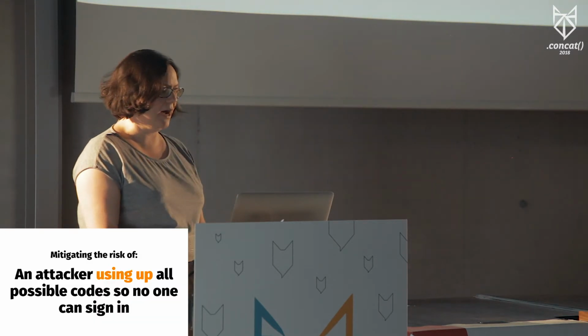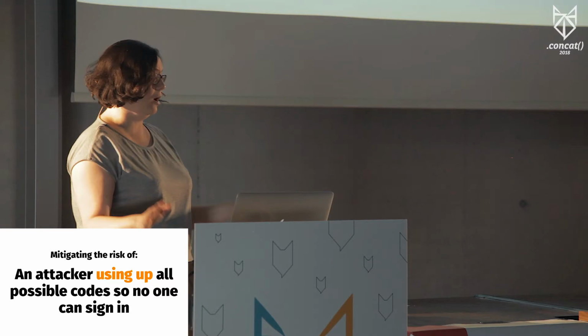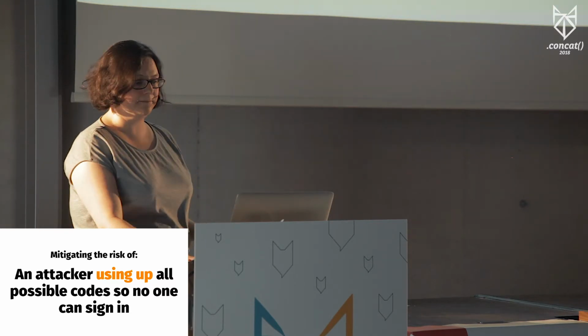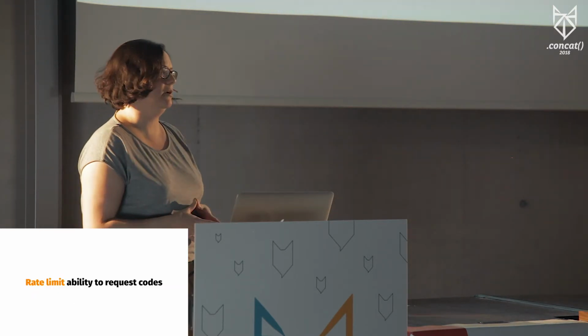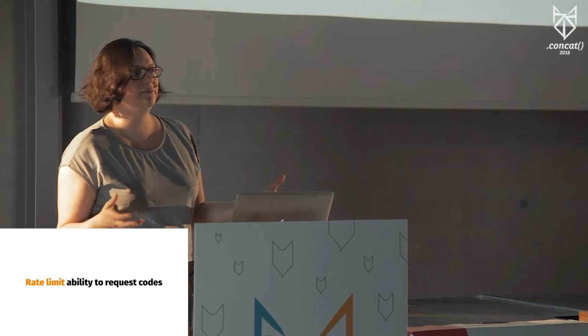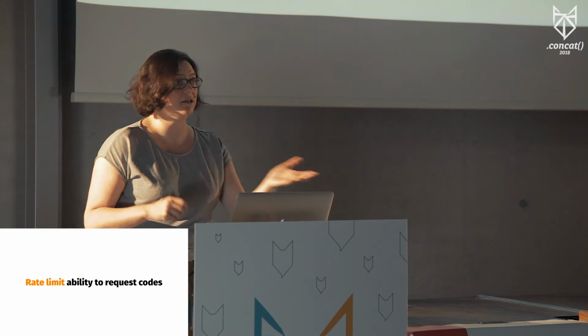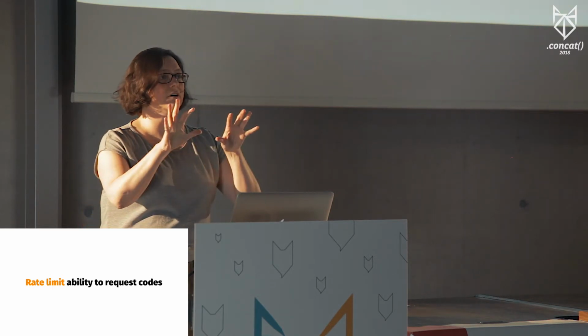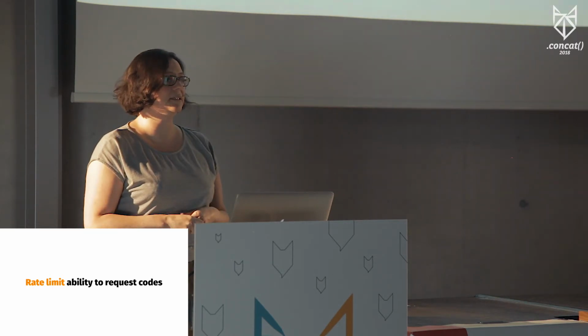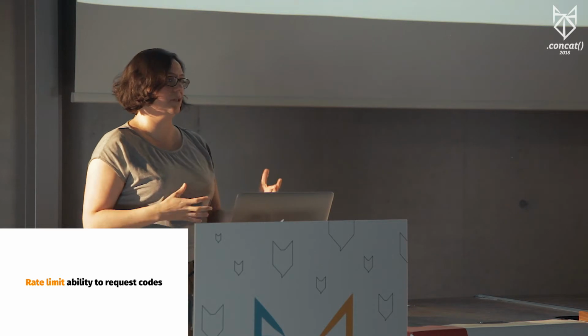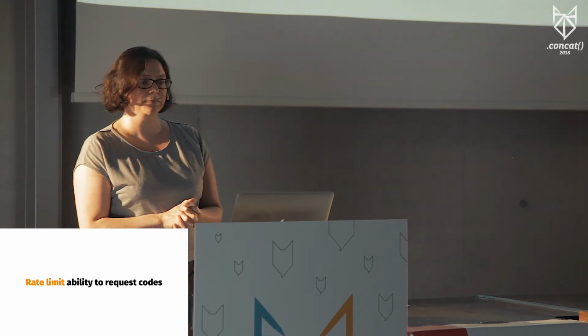So how do you mitigate the risk of an attacker using up all the possible codes so no one can sign in? You rate limit the ability to request codes. You rate limit on the IP address or the device ID, you might require that. Whatever features you can get from the request, you would want to limit on those things as a set and separately.